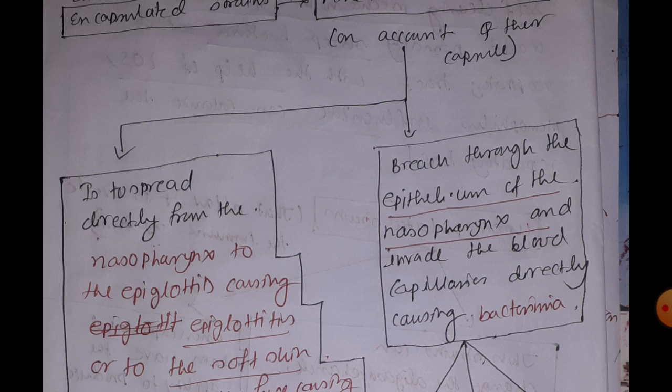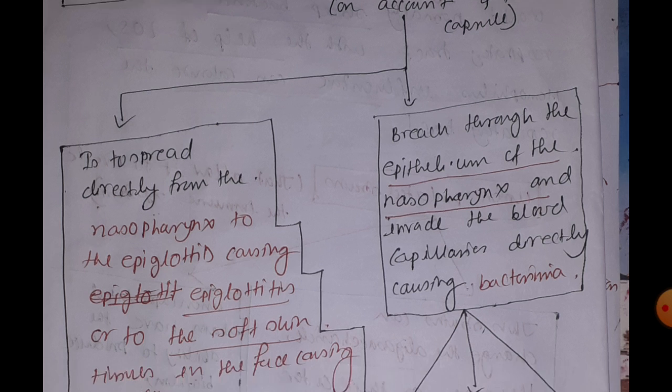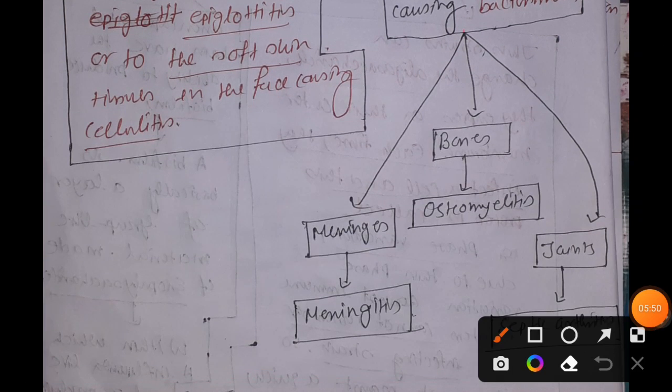Now, as they are in the blood, there is a high chance that they can be transferred to various important organs. For example, to the meninges causing meningitis, to bone causing osteomyelitis, and to a joint causing what? Septic arthritis.